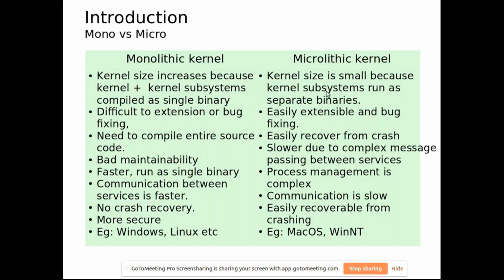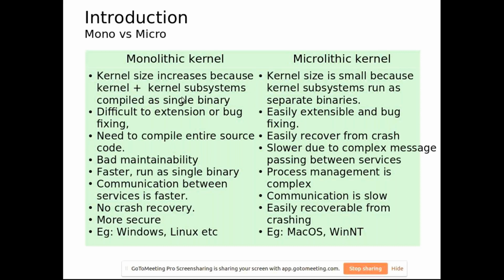If any module gets corrupted, the whole OS will crash. You will have this problem when we load our kernel and there is a problem in our device driver: the kernel will crash and a core dump will be produced. This is a problem in the monolithic kernel, whereas the microkernel is easily extendable and bug fixing is easy.